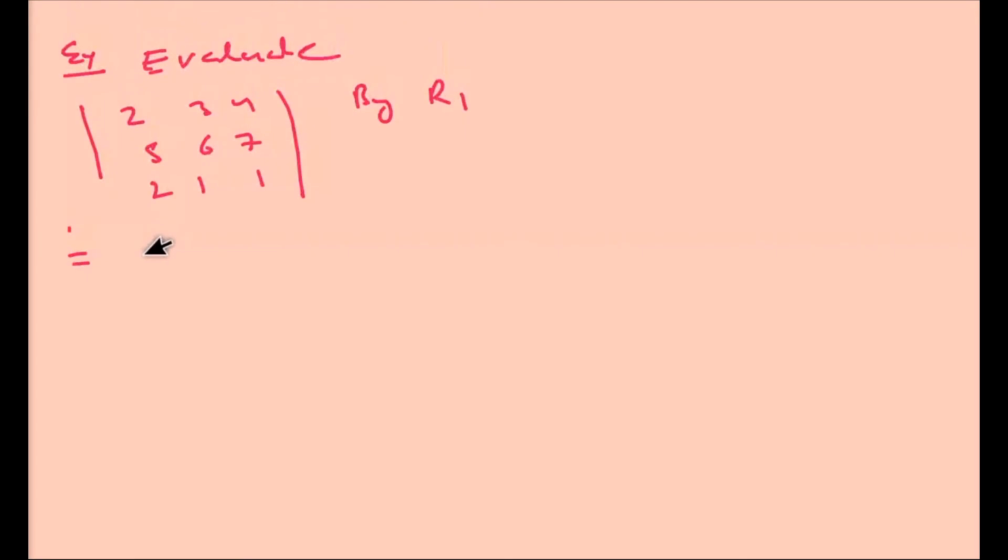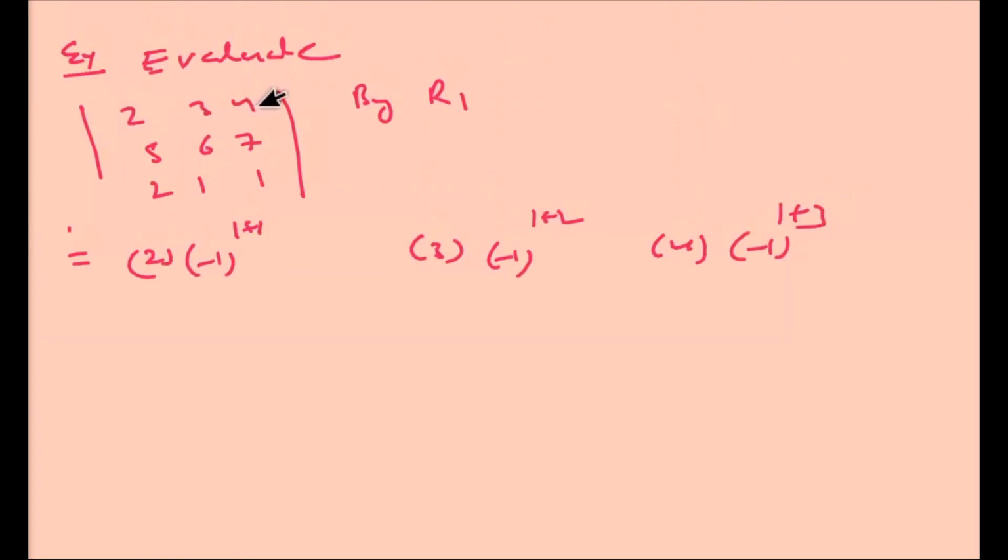So R1 members are 2, 3, 4, and the cofactors are minus 1 to the power 1 plus 1, minus 1 to the power 1 plus 2, minus 1 to the power 1 plus 3, for A11, A12, A13.